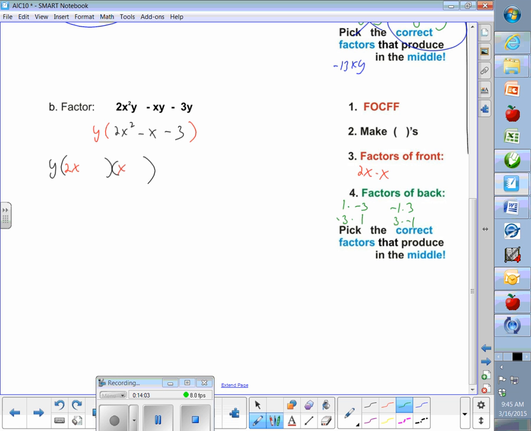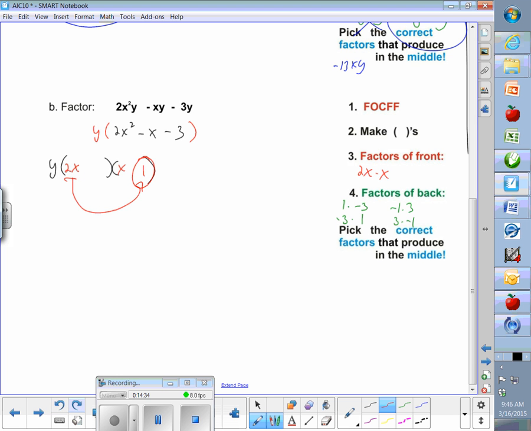So look, here's what I do. I'm looking at this. I'm looking right here right now. This is where my focus is. And I'm thinking 1 or 3. Okay, if I put a 3 here, I have a 2 times 3 is a 6. Is a 6 going to get me to a negative 1? The answer is no. This is what I'm thinking through. I'm doing this in my head. And I say to myself, no, I'm not going to put a 3 there.